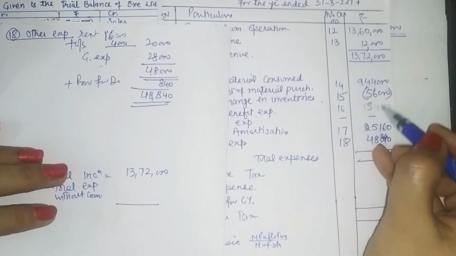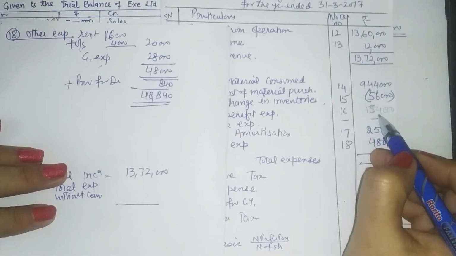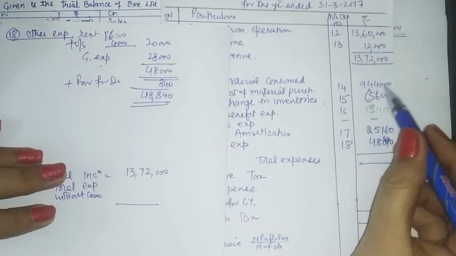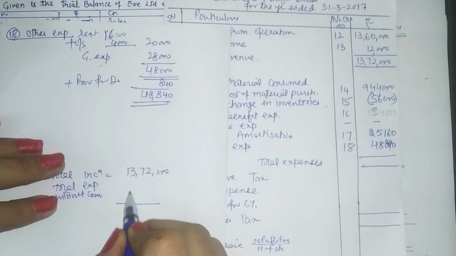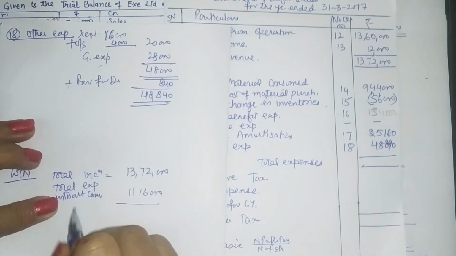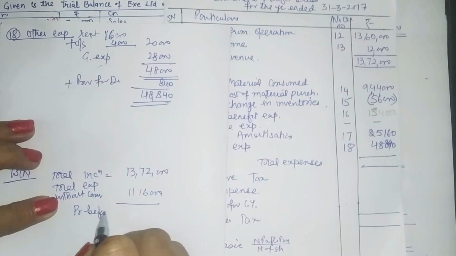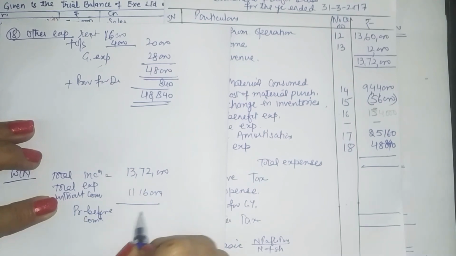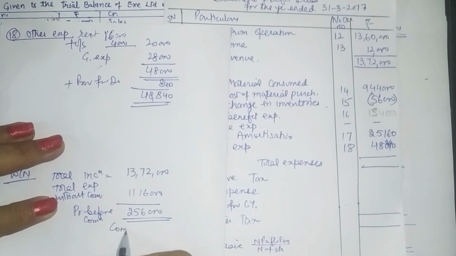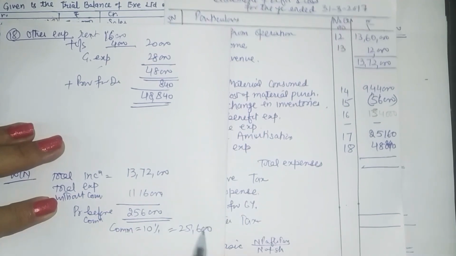This is without commission, so we'll adjust it later on. Now total expenses are coming out to be 11,16,000. So your profit before commission is 2,56,000. That means commission is going to be 10% of this profit, 25,600.